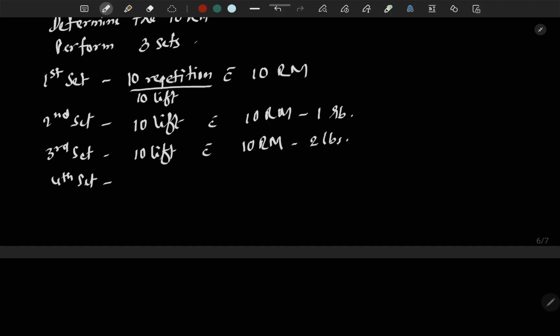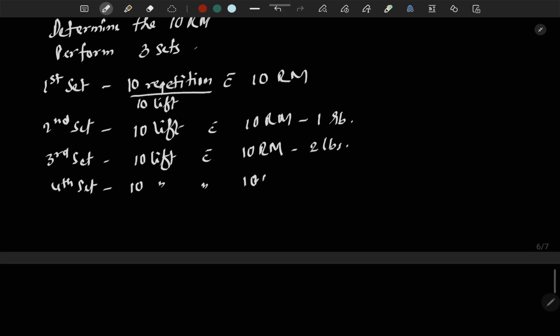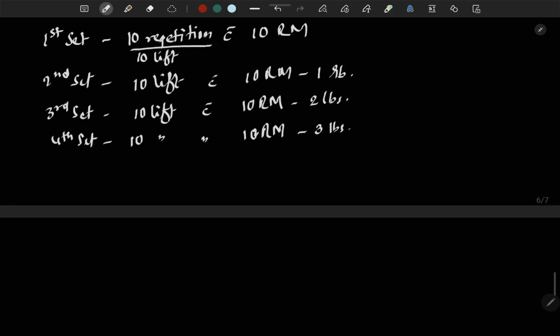Fourth set, 10 lifts with 10 RM minus 3 pounds.